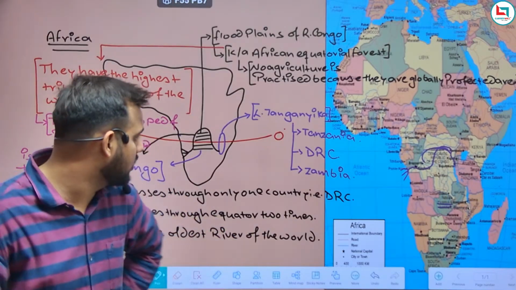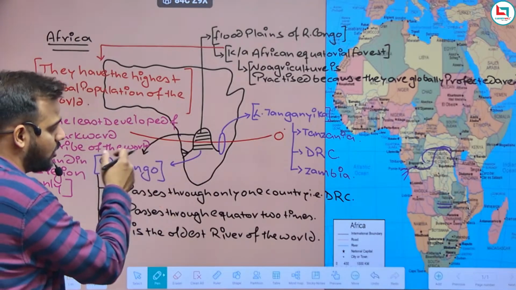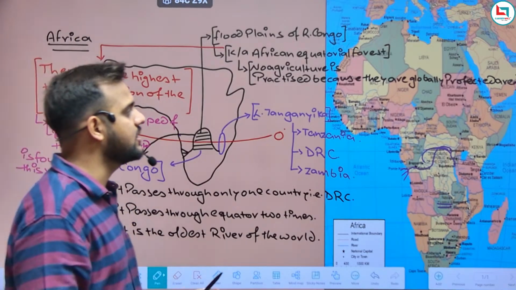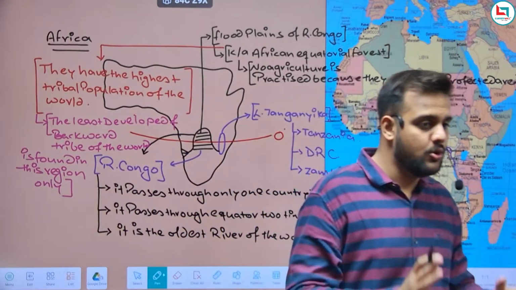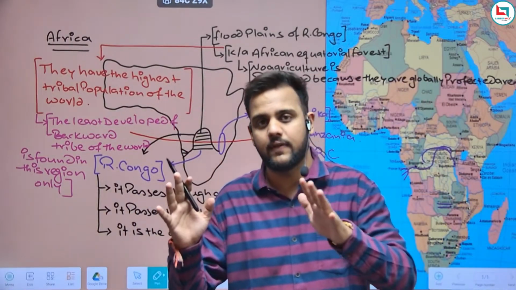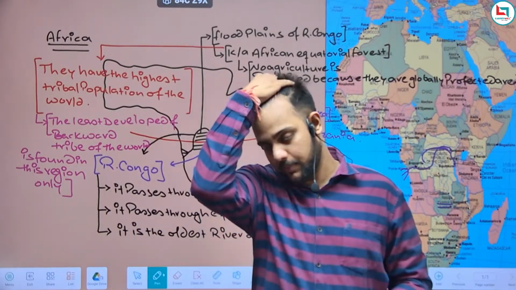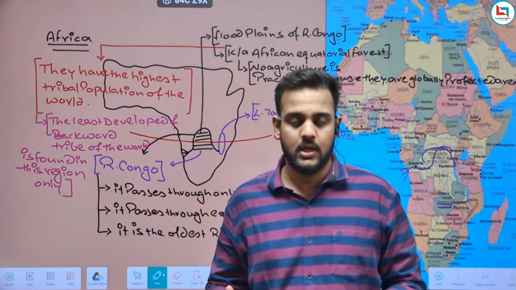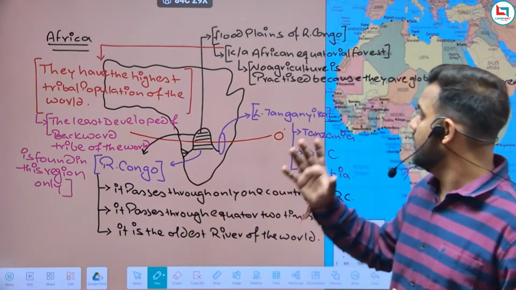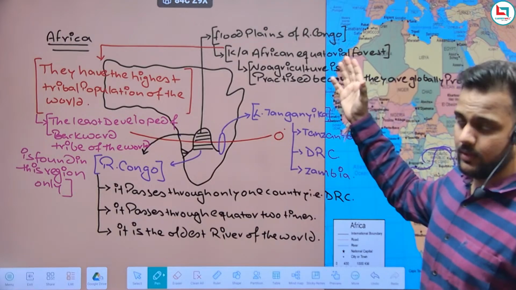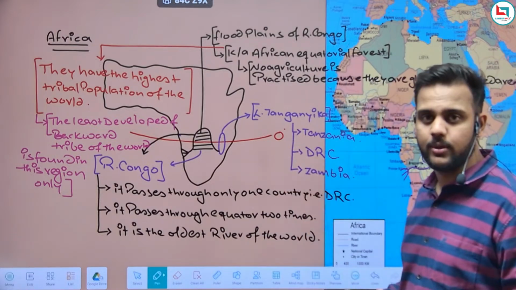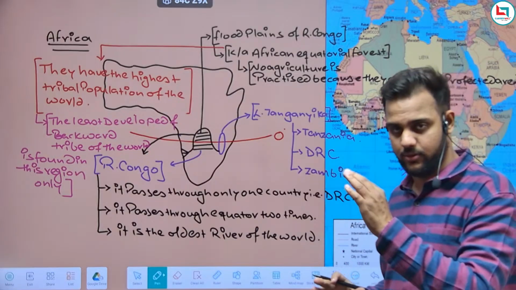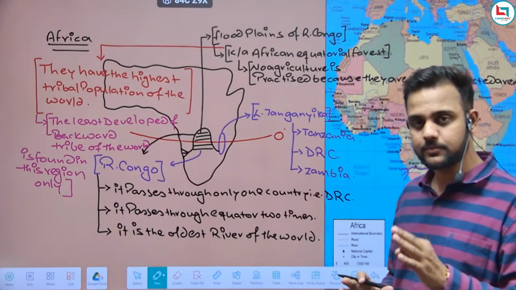This river Congo drains into the Atlantic Ocean. Here we have the Atlantic Ocean. So these are the things you should know about the river Congo. Pygmies and Ubatus are really very important. The African equatorial forest is also important. It is the floodplain of river Congo, which is present in the Democratic Republic of Congo.